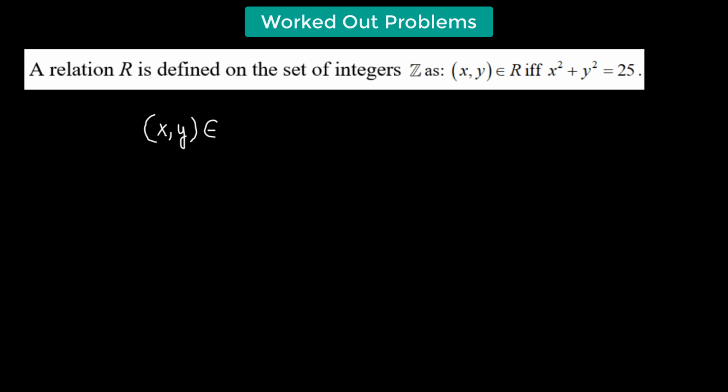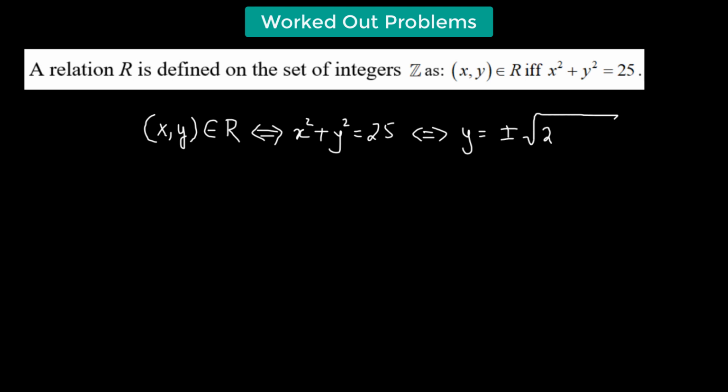This belongs to our relation R if and only if x squared plus y squared equals 25. We can rewrite this equation in terms of y. So that should give us y is equal to plus or minus the square root of 25 minus x squared.